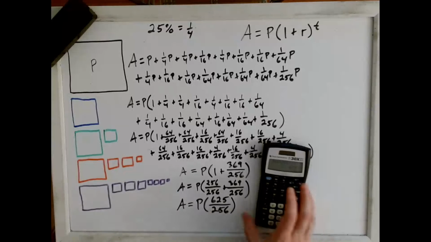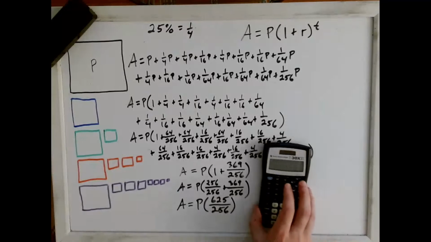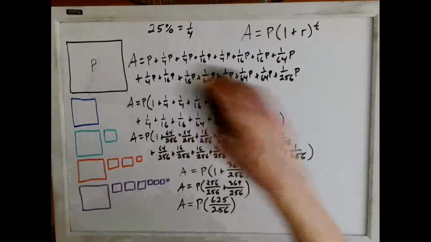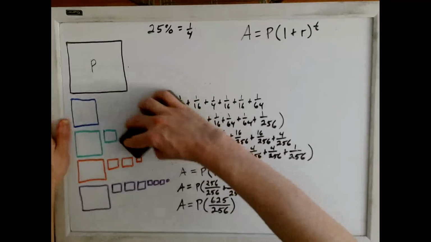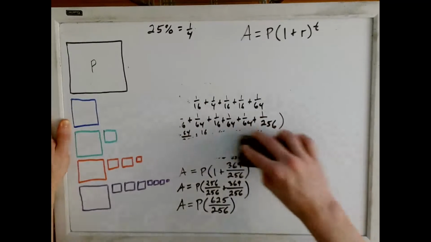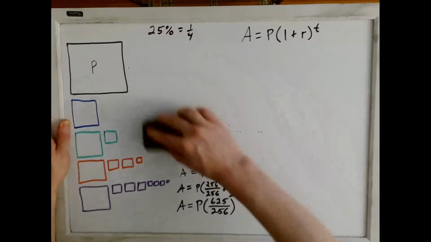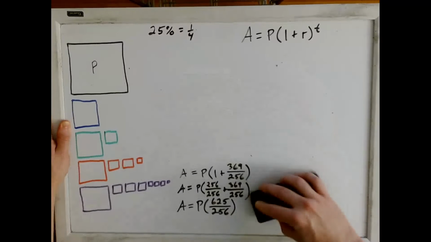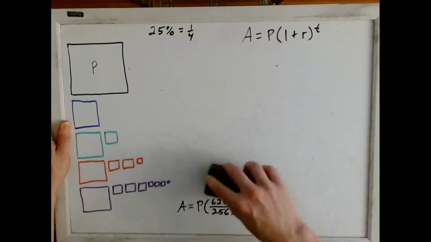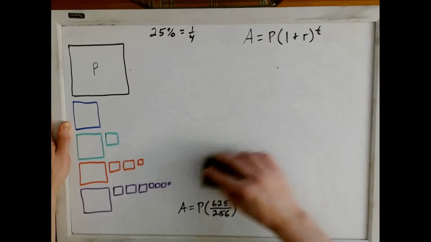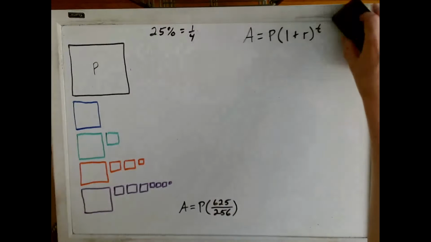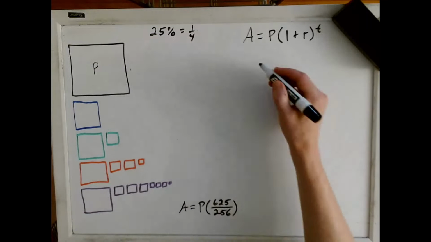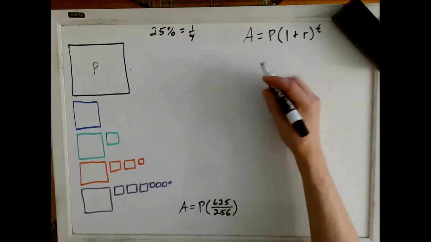So 625 over 256. Now let's plug the initial numbers into our formula.